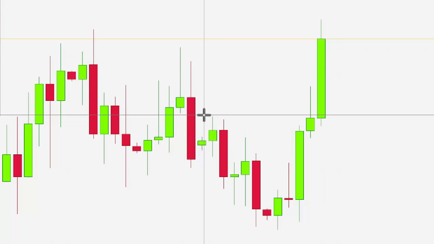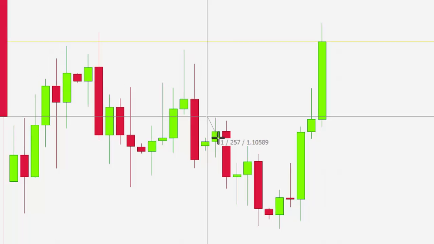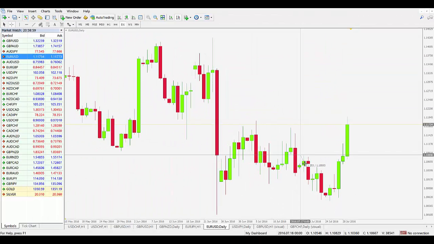Entry here, 25 pips, 50 pips. Perfect. Stop loss move to 25 around here, and I've been stopped out. So again, easy 100 pips on that. Again, bias is high probability against high reward.